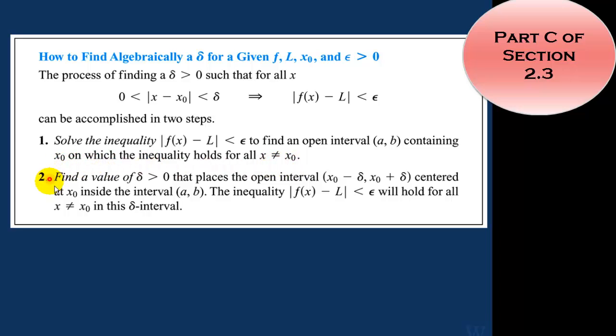Then after that, we find a value of delta greater than 0 that places this interval with a width of delta about x sub 0, centered at x sub 0, so it stays in the interval that we got from step 1. If we find that delta, then this inequality will hold for all x's in the delta interval, except possibly at x equal to x sub 0.